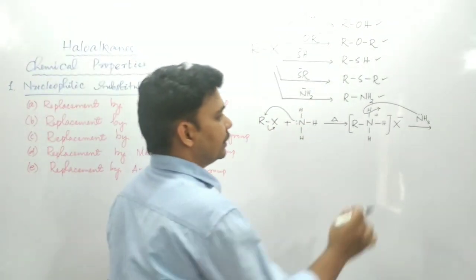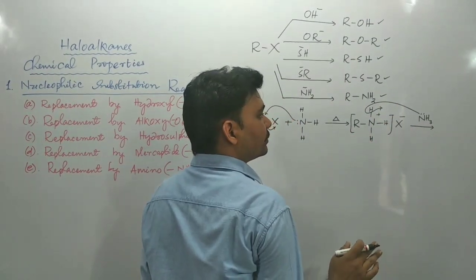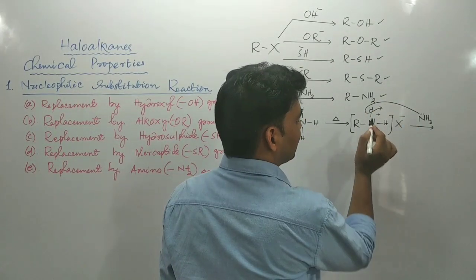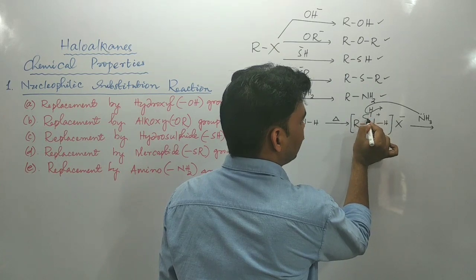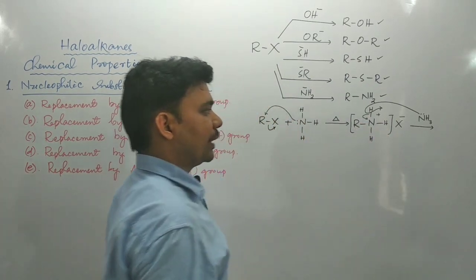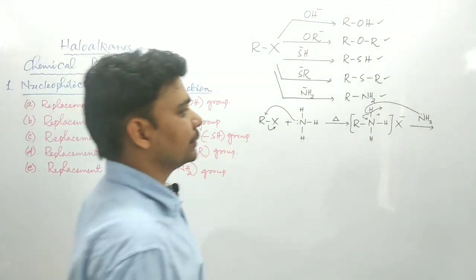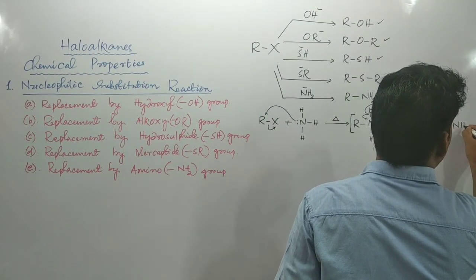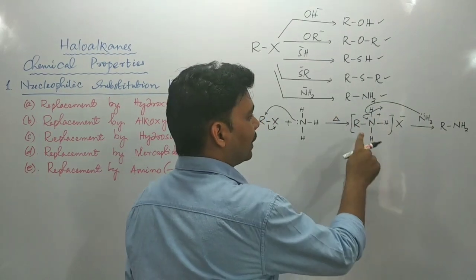Okay, these hydrogens are acidic. When one hydrogen is removed as H plus, this pair of electrons will reside over this nitrogen atom. So the product formed here is RNH2, primary amine.